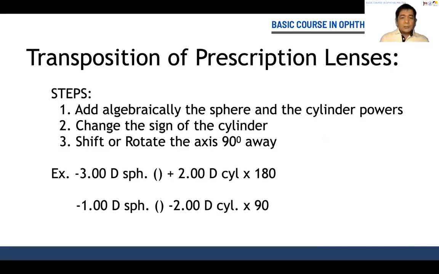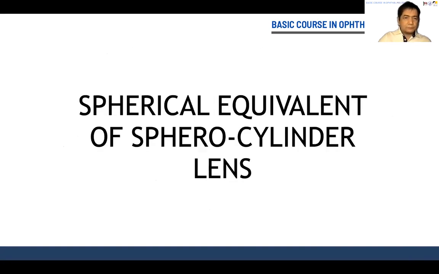Just the same, if a prescription done in the Philippines will be brought to the United States, you will transpose it from minus to plus cylinder. So in transposition, you just change the position of the cylinder correction. However, the effective power of the lens is still the same.